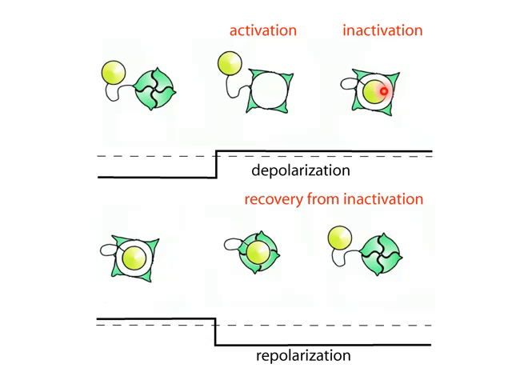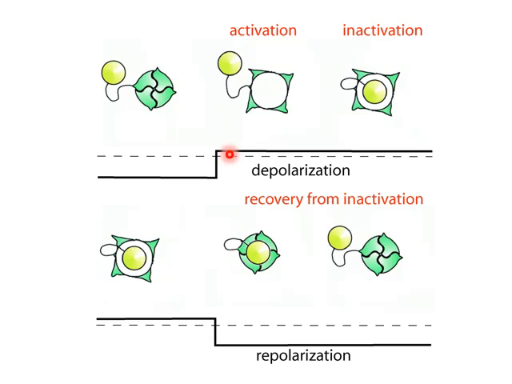In this state, sodium ions cannot flow through the channel anymore. This is called inactivation, and in this state, the channel activation gate is still open, but the channel cannot conduct sodium ions because of the block of the ball and chain at the entrance to the channel.